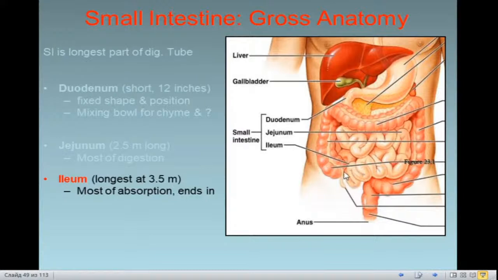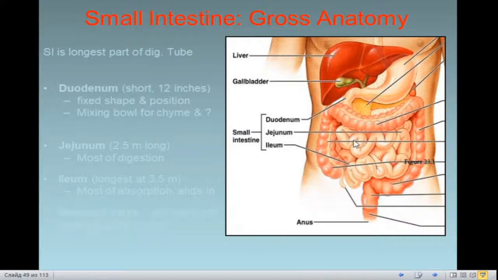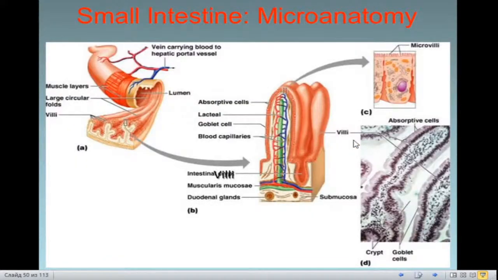Ileum will finish with the sphincter that will close the entrance to the large intestine. This is the ileocecal valve that is in between the cecum and ileum.